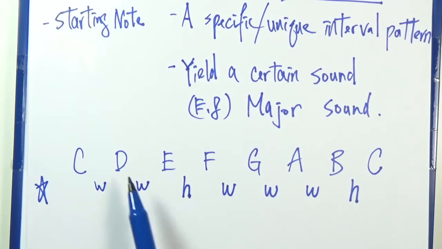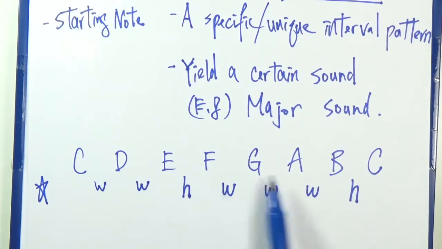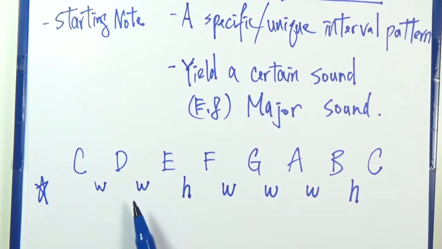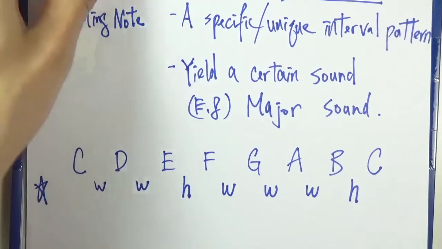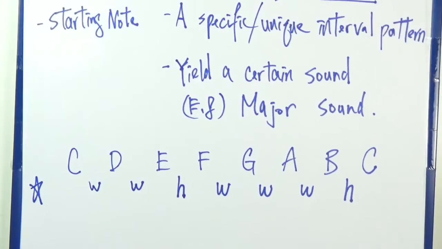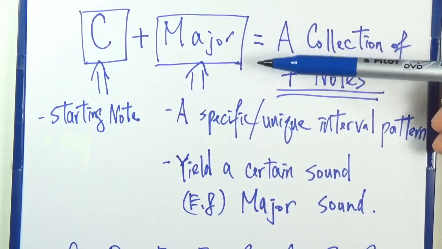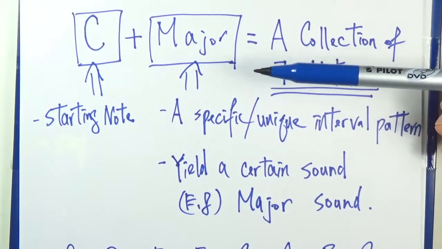And it just so happens that there are 7 naturally occurring notes that don't require any sharps or flats, and those notes, when put together, perfectly form this interval. By convention, which means people have been doing this and we don't see any need to change it, we call this a major sound or a major scale.